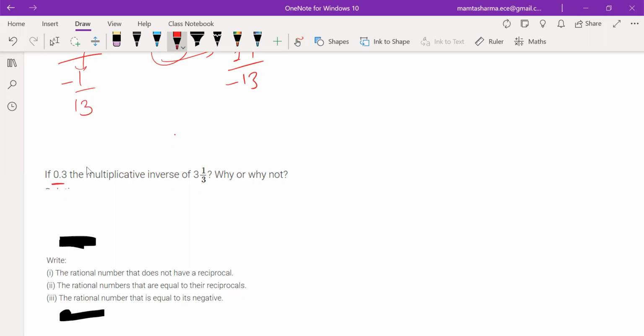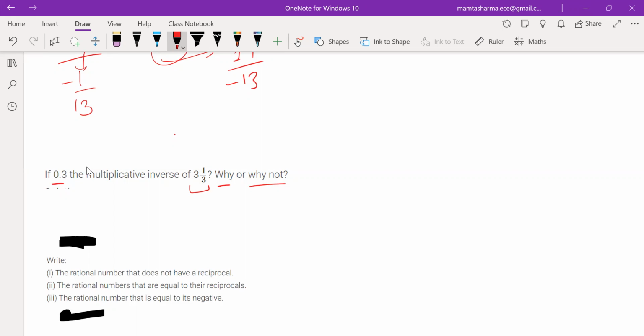Is 0.3 the multiplicative inverse of 3 1 by 3, correct or not? If it is the inverse, then why? And if it is not, why not? Tell me. Ma'am, it is a multiplicative inverse.